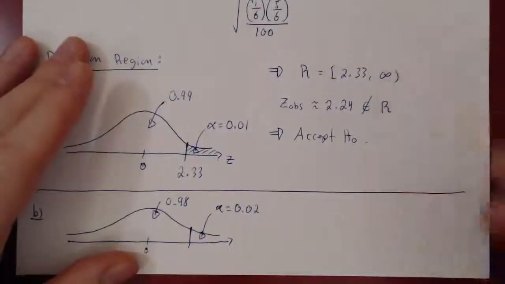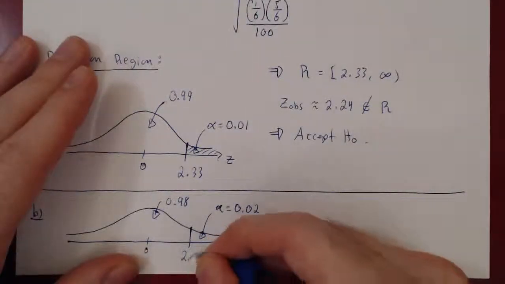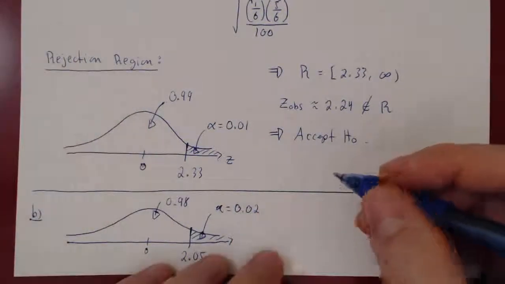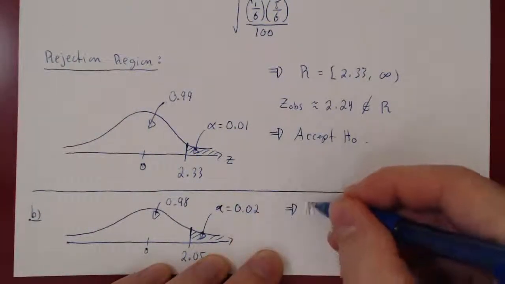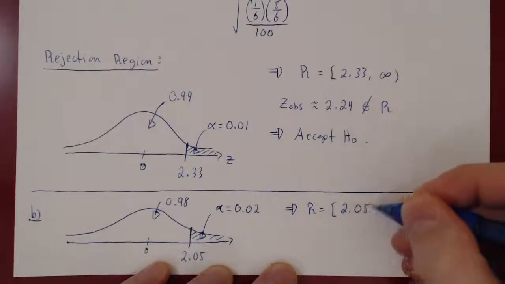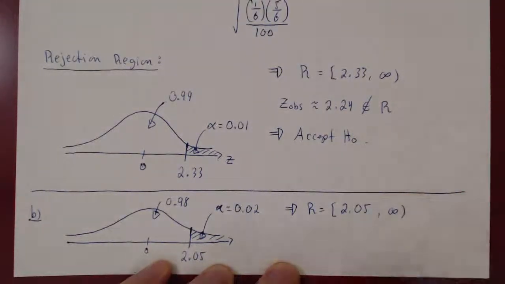So we now have our rejection region with a 2% level of significance: the interval from 2.05 to positive infinity.